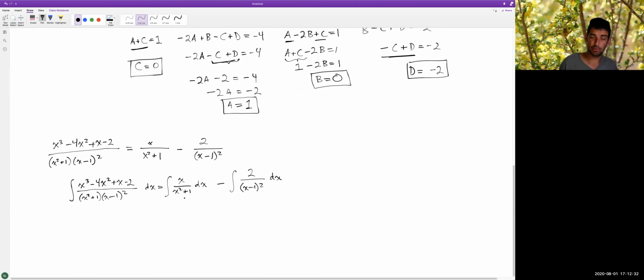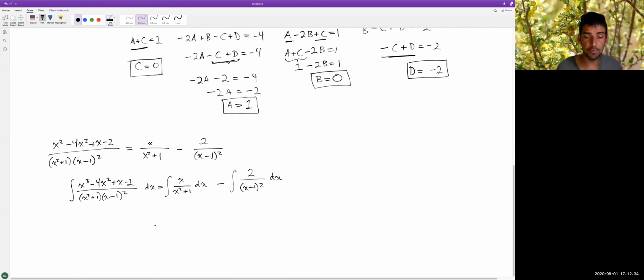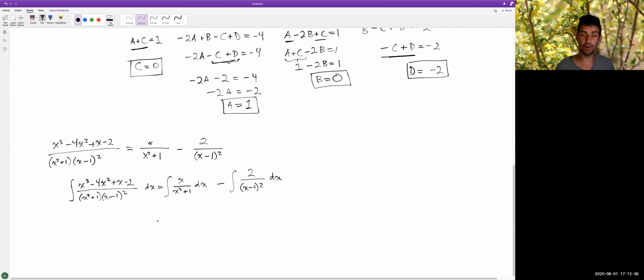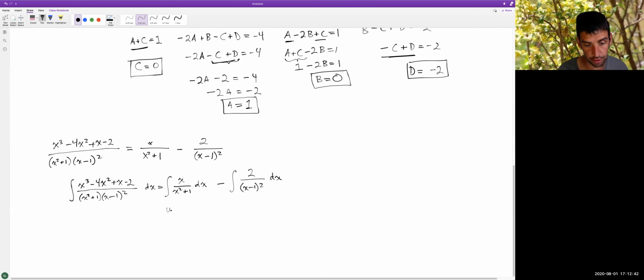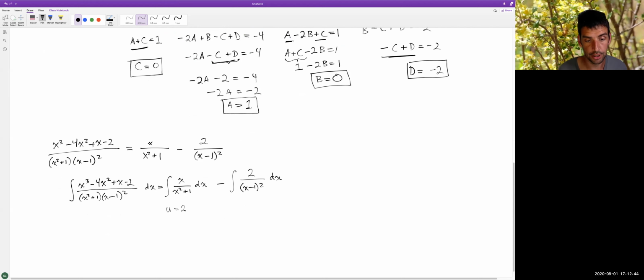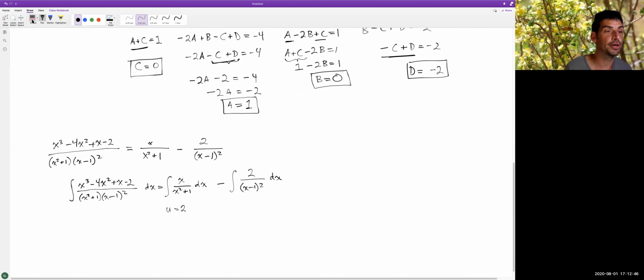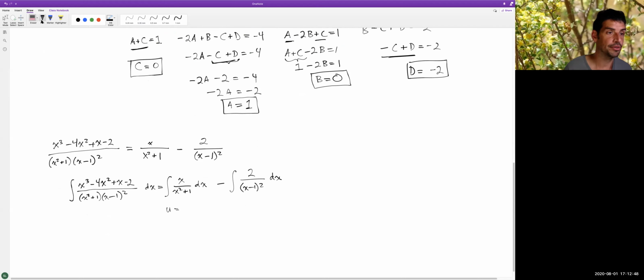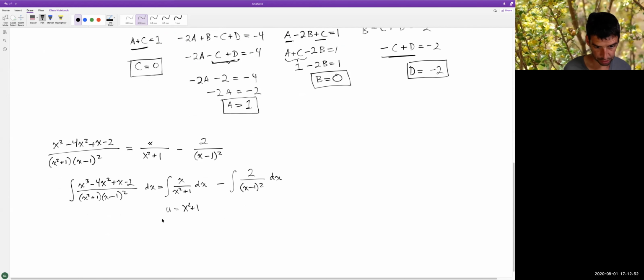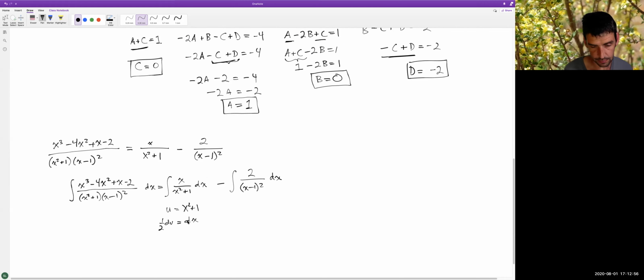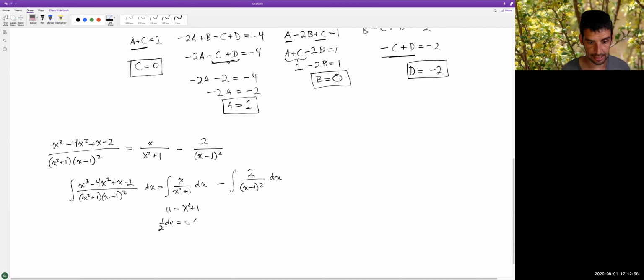Now we still have to solve these integrals, right? In the last example, they were pretty simple, but these might take a little bit of work. They both look like we can use substitutions. So over here, I can use the substitution u is equal to x squared plus 1, which means 1/2 du is equal to x dx.